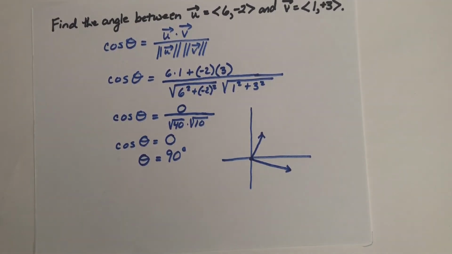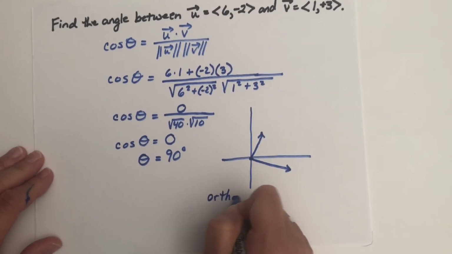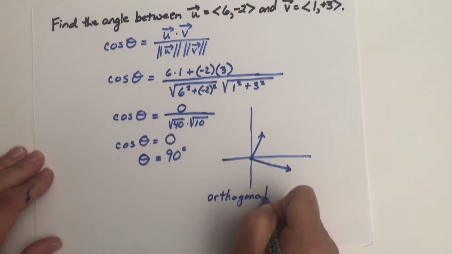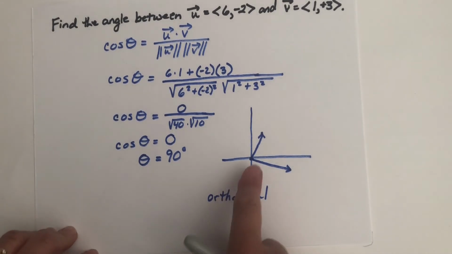We say that two vectors that form a right angle when you put them together are called orthogonal. It's a lot like being perpendicular, but it's the vocabulary that we use. If you were to move them together, they would form a right angle.